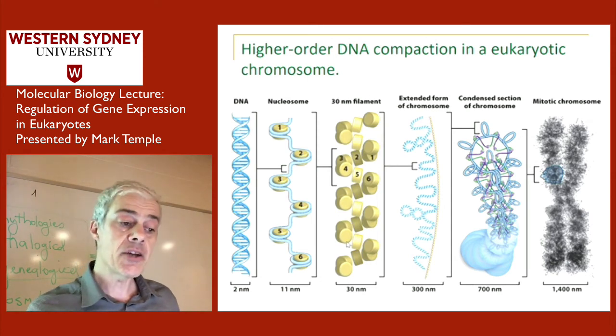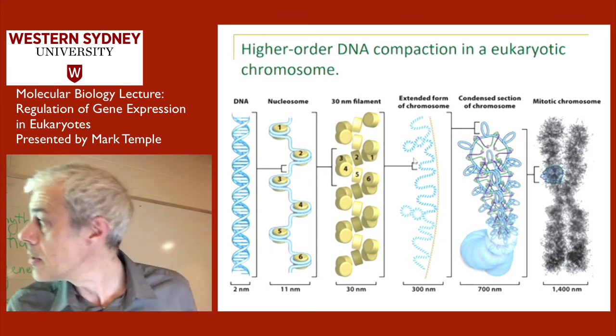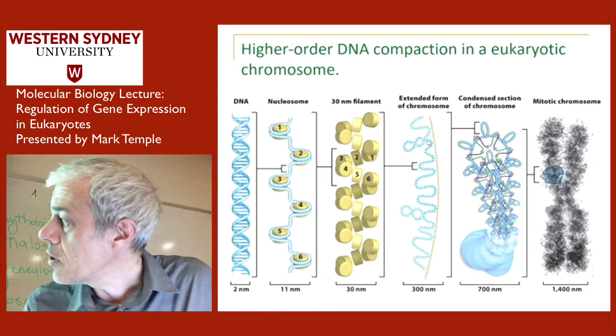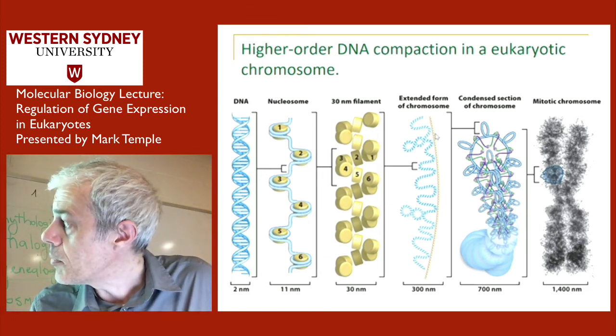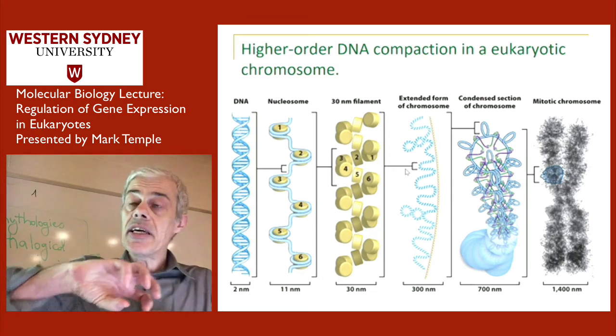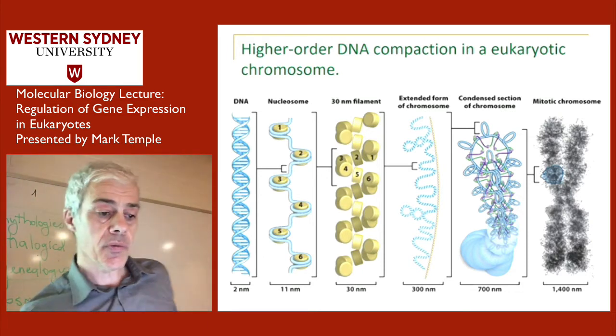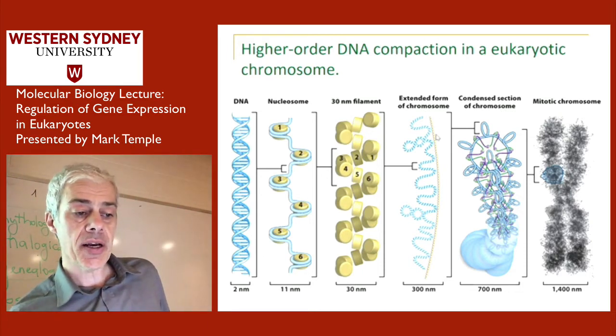Then you go to the next stage, where all of this section is now represented by this little bit here. This is another cartoon, but it's based on lots of electron micrograph structures where you can see these big fibers of DNA looping out from some sort of support material shown down here.